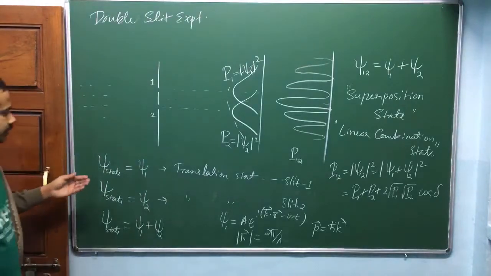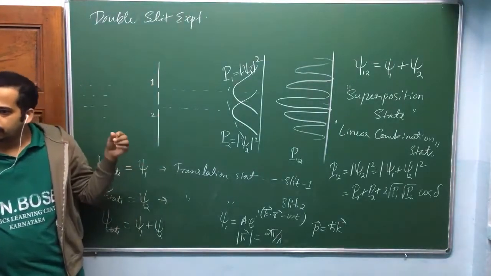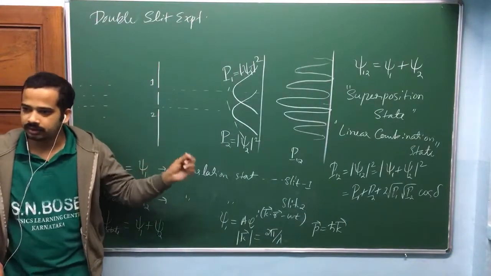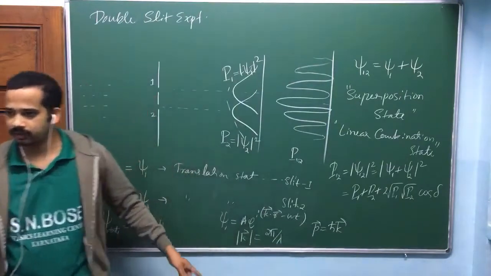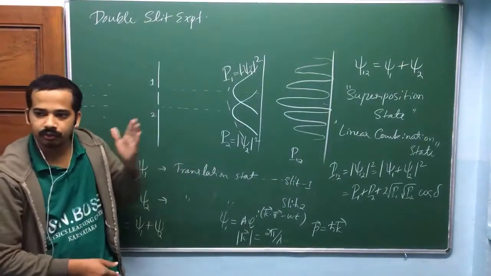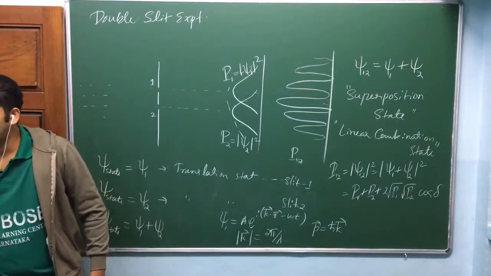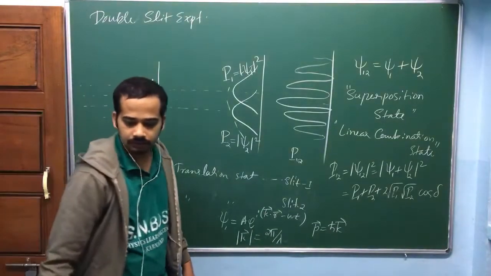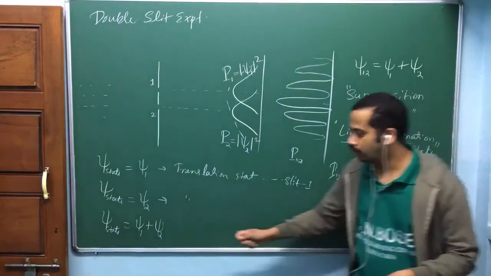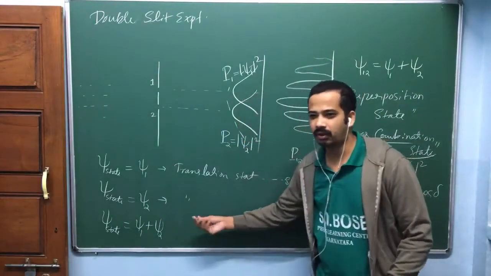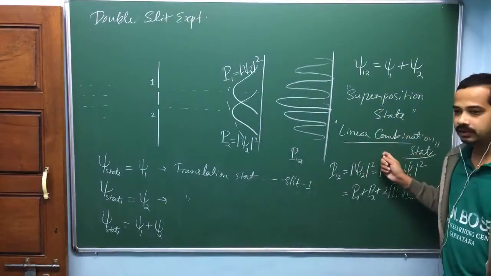Because it talks about some direction of motion, am I right? It has a definite momentum state actually. It is moving. There are rotational states, translational states, energy states, spin states, like that. We are going to use these words later, again and again. There is no classical counterpart, so better to leave it as it is. Call it a superposition state or linear combination state.